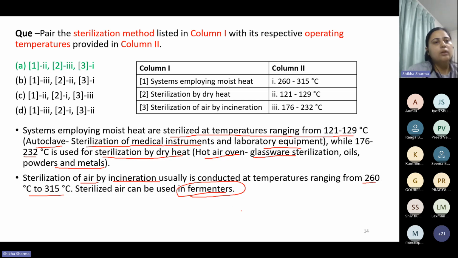So it needs the sterilized air to be sent in the fermenter, so there will be no wild growth in the fermenter and pure air can go. So we have the option A, which is correctly guessed by you guys.